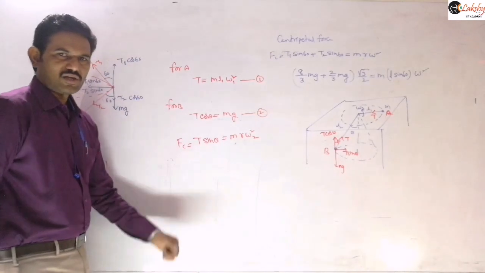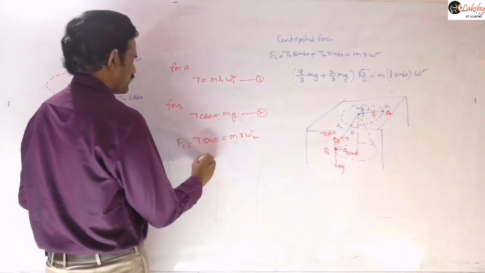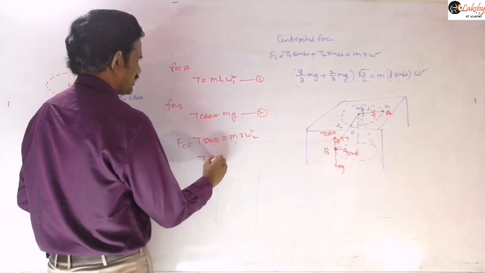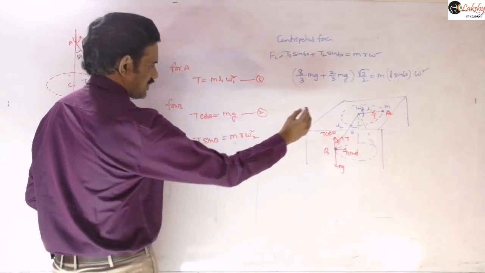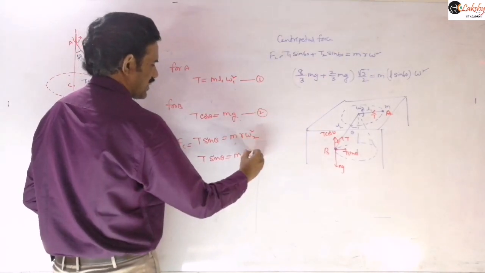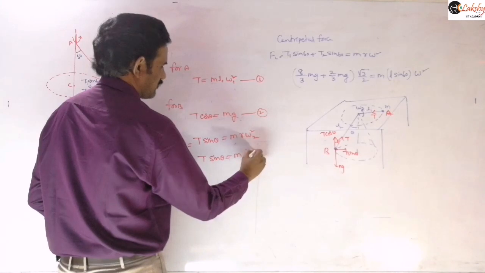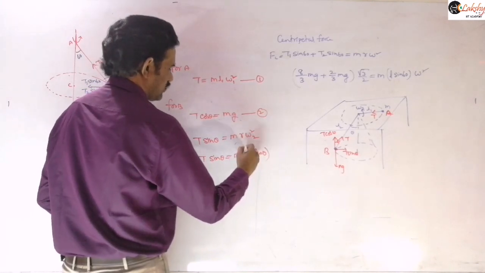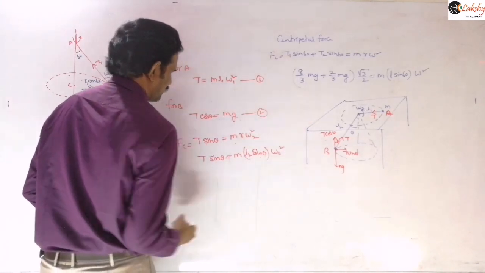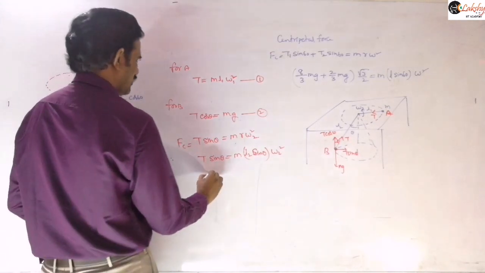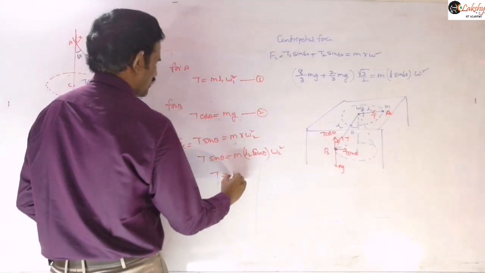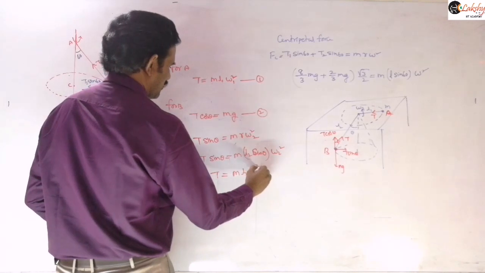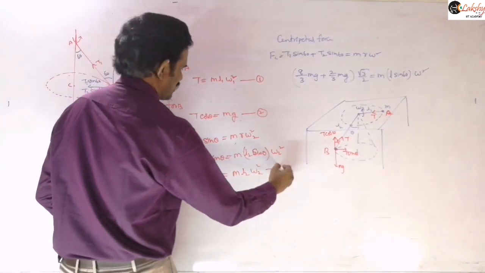The sin theta value will be cancelled, therefore T is equal to m L2 omega 2 square. This is our equation 3.